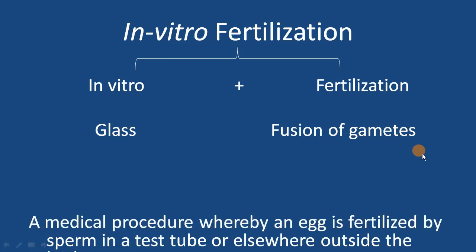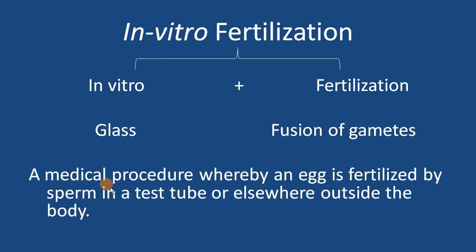So in vitro fertilization में क्या होता है? It is a medical procedure whereby an egg is fertilized by sperm in a test tube. Now we know test tube is made up of glass. Test tube or elsewhere outside the body. Elsewhere means petri plate हो गई, right? Some other glassware हो गया. But it is occurring outside the body.